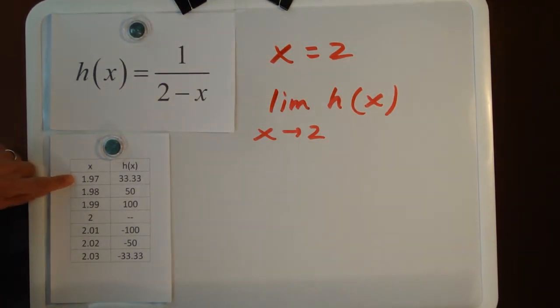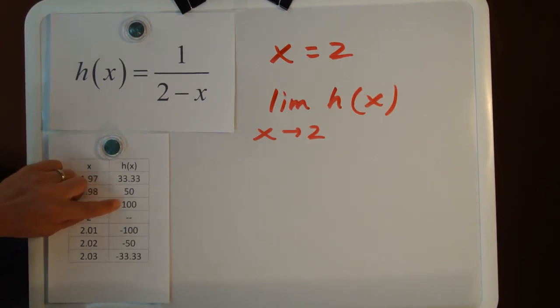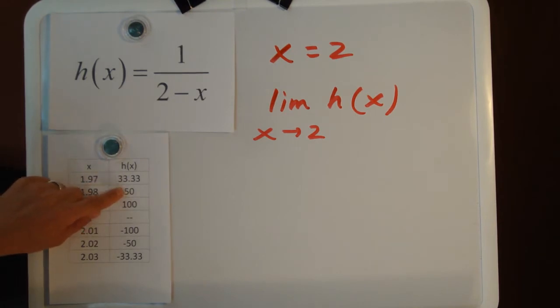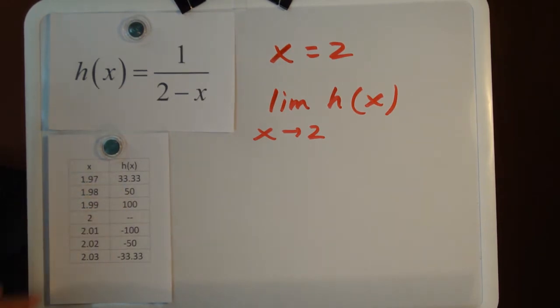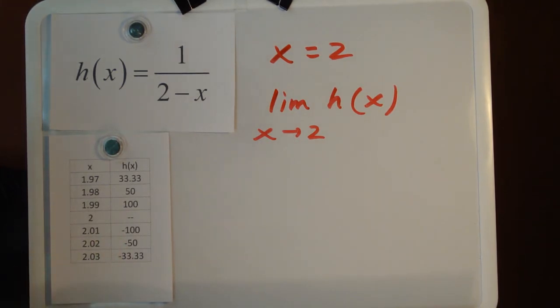So it seems as we're approaching 2, right, from the left-hand side, these numbers are smaller than 2, it appears that the numbers are growing larger and larger, right? So we move from 33 to 50 to 100. And on the other side of 2, the larger side of 2, the numbers appear to be dropping, right? They're still growing in size and magnitude, but in the negative sense. Negative 33, negative 50, negative 100.